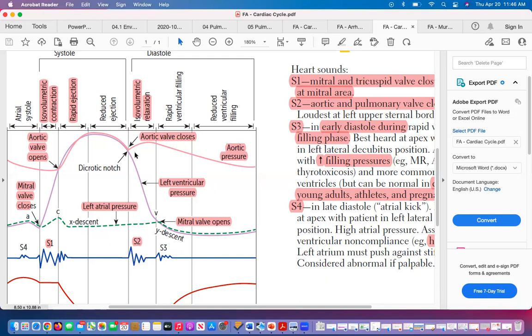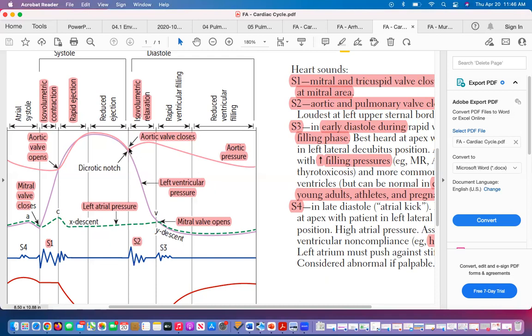So we are receiving blood to the left atrium from the pulmonary vein. That's basically what is happening. Just wanted to explain so that we know what we're talking about.